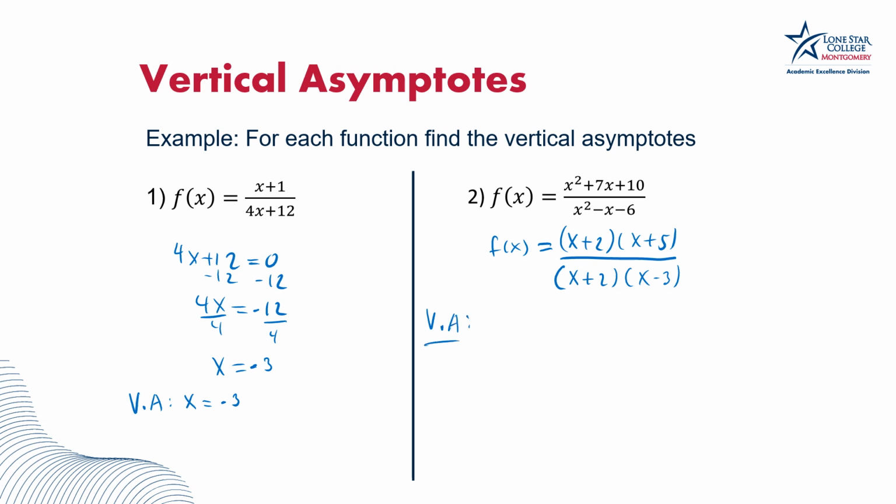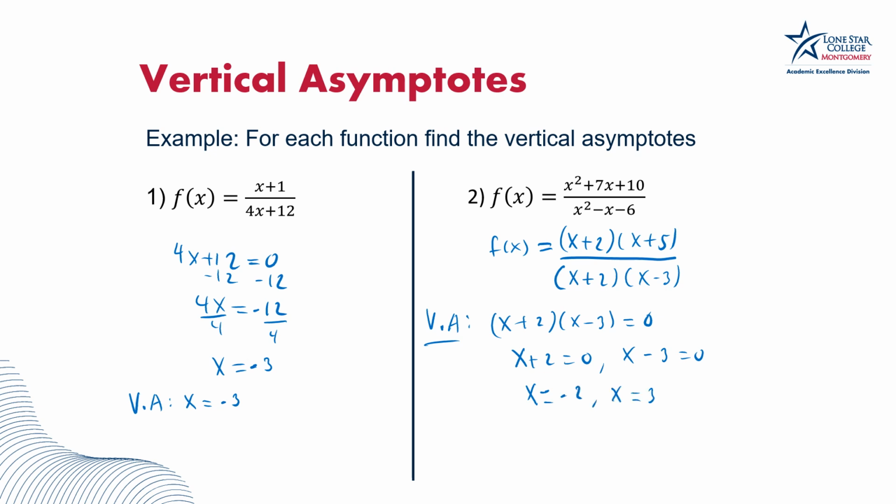First, vertical asymptote, set the bottom equal to 0 and solve for x. Because it's in factored form already, we just set both of them separately equal to 0. So that gives us x equals negative 2 and x equals 3.